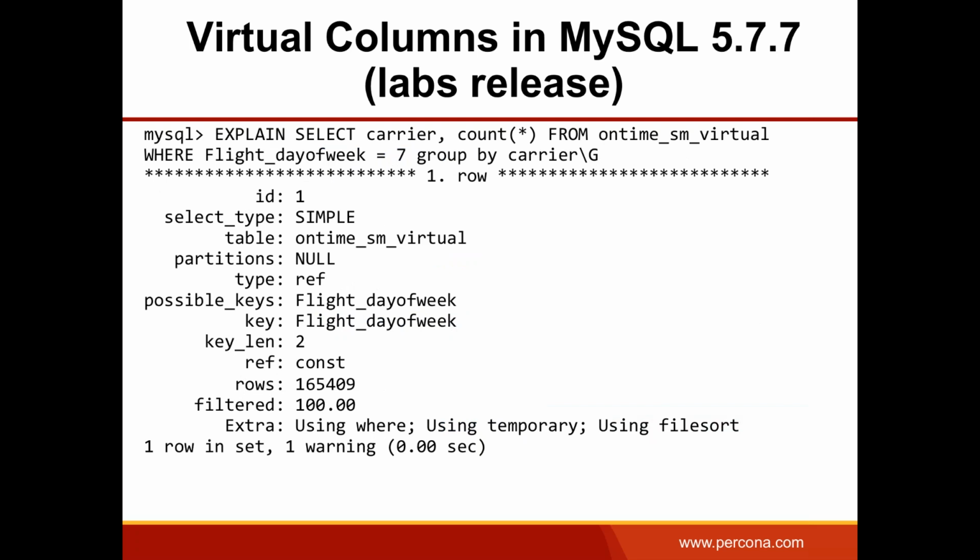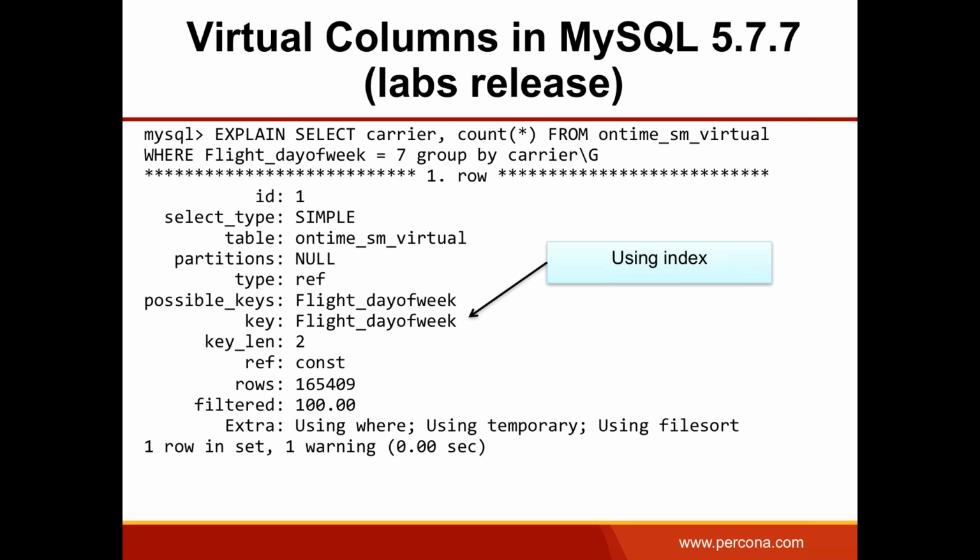So when we do this query again on the virtual column and specify flight day of week equals 7, group by carrier, we will see that it's actually using an index. And again, we are using an index on something that is not materialized. So it will not store it in the table, but the index will be stored.